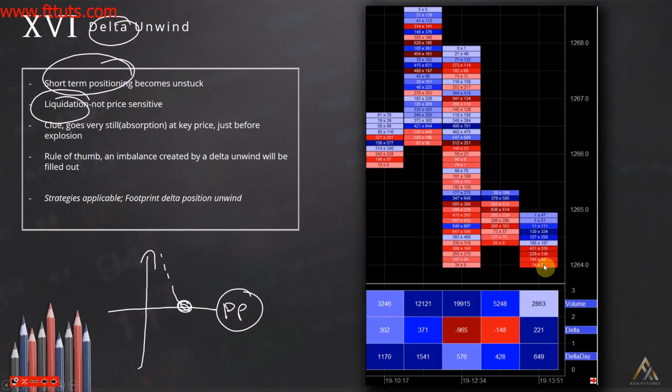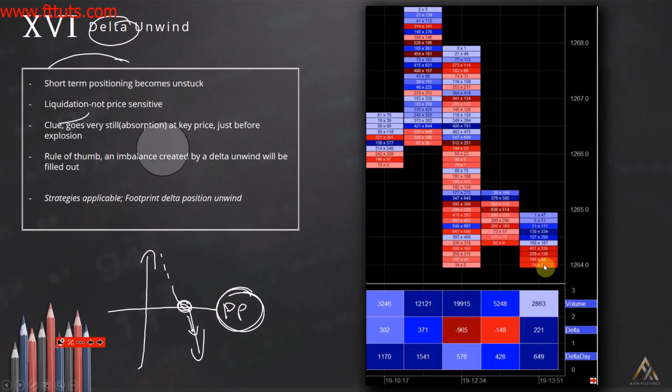Note that below that point, the liquidation is not price sensitive. What we mean by that is that those buyers are not concerned about what price they get out at. They're just concerned about getting out. And that's why when you take out these pocket positions, we do tend to get very volatile stop downs or stop ups in the market.